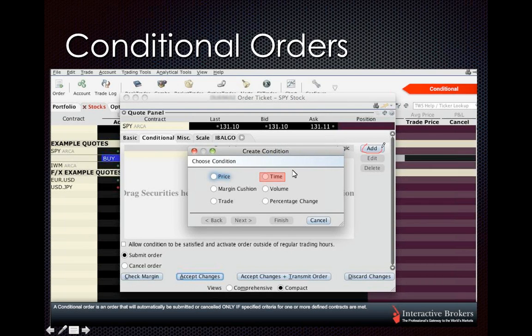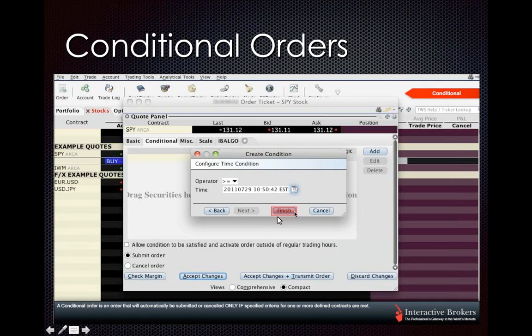So we are adding a condition, and we actually can add more conditions, not just one. In this case, you can see that the condition was the time. So next, we will select the time, and we will create a condition that the order will be executed only within a certain time frame.